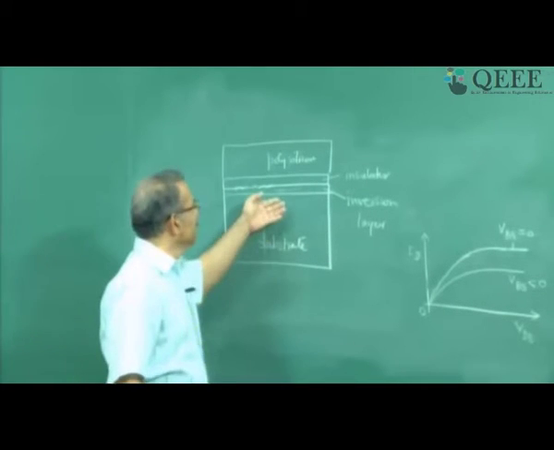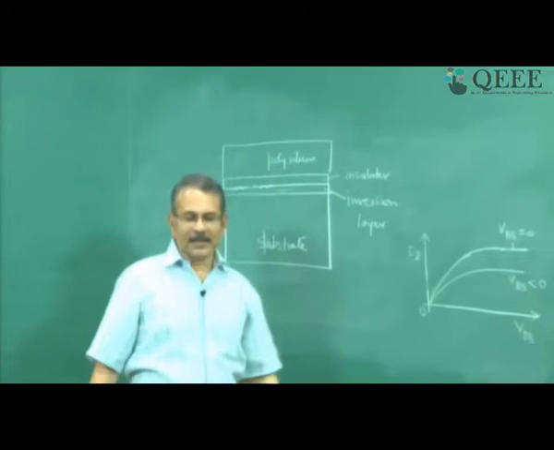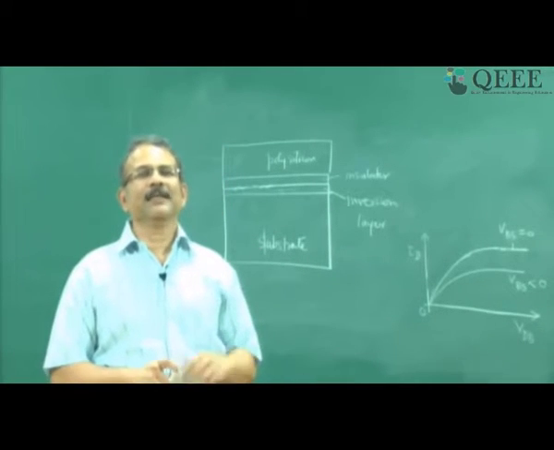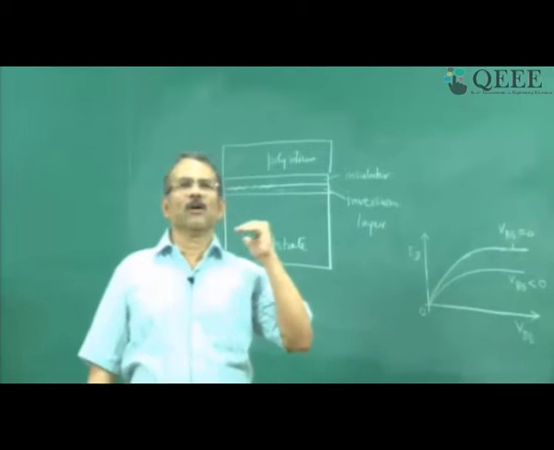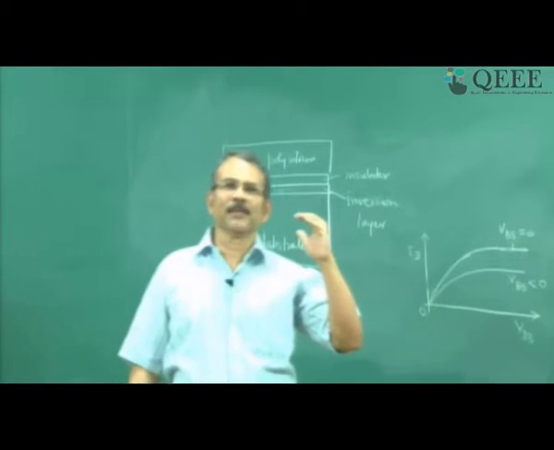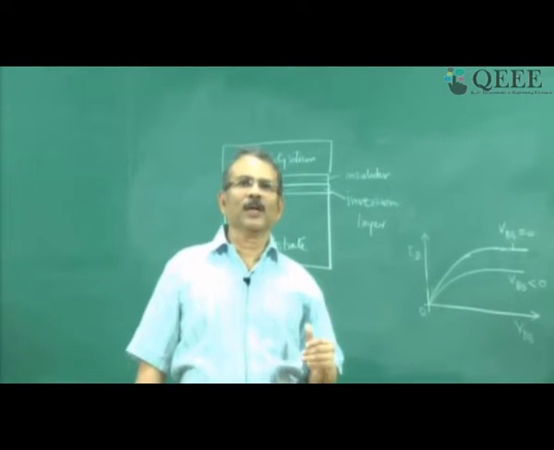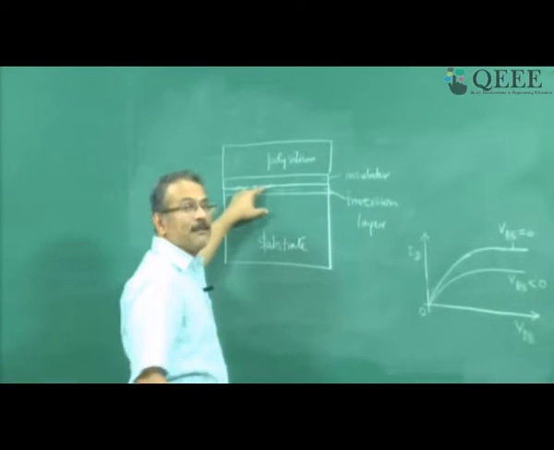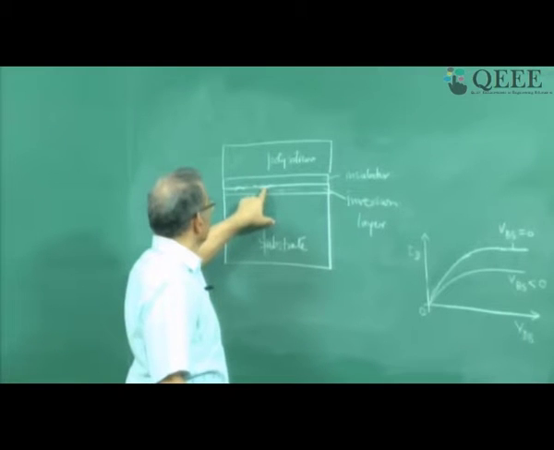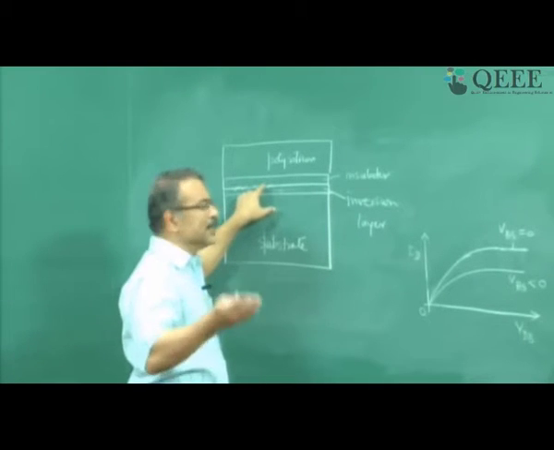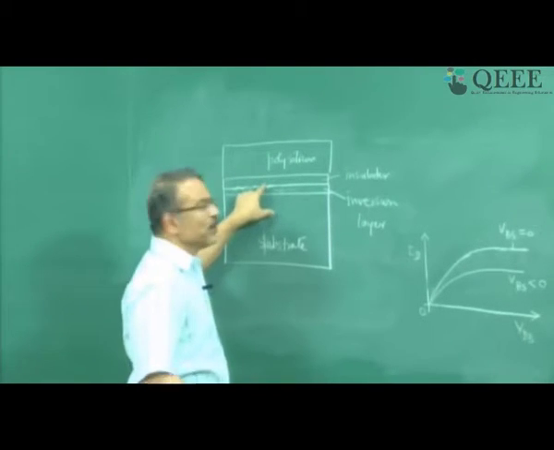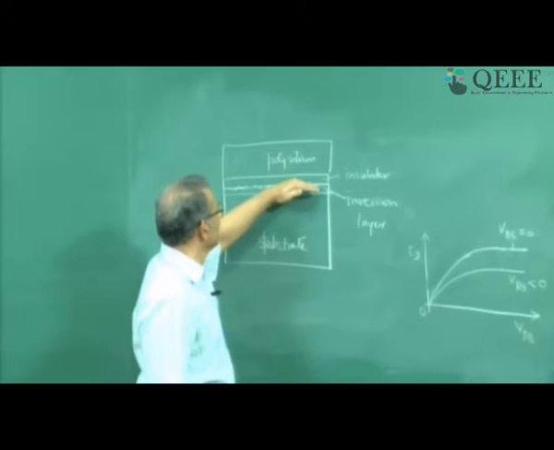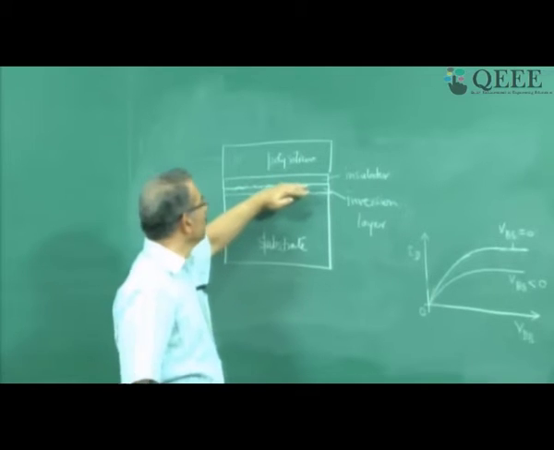In fact, when people try to realize the MOSFET, we discussed the evolution of the semiconductor devices in the first session, and we said that the idea of MOSFET was proposed in 1930s, but the MOSFET was realized only in 1960. So what was the problem? The problem was with this interface. The interface was bad. They tried many things. They tried to deposit different types of insulators on silicon, but they found that the charges were not moving at all.